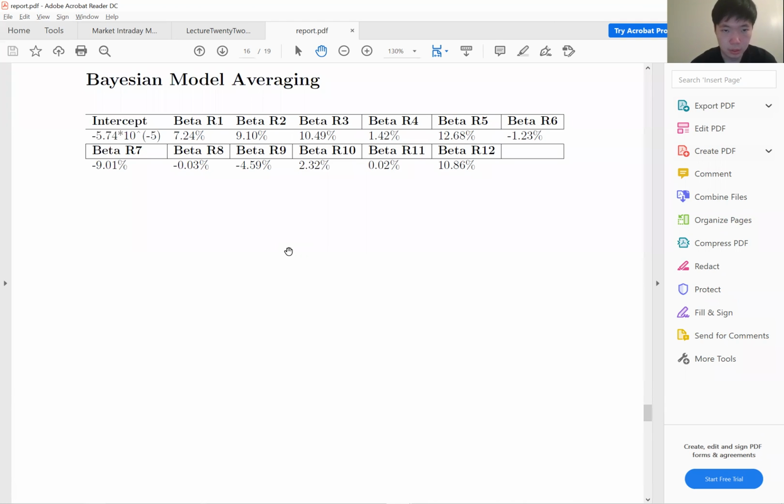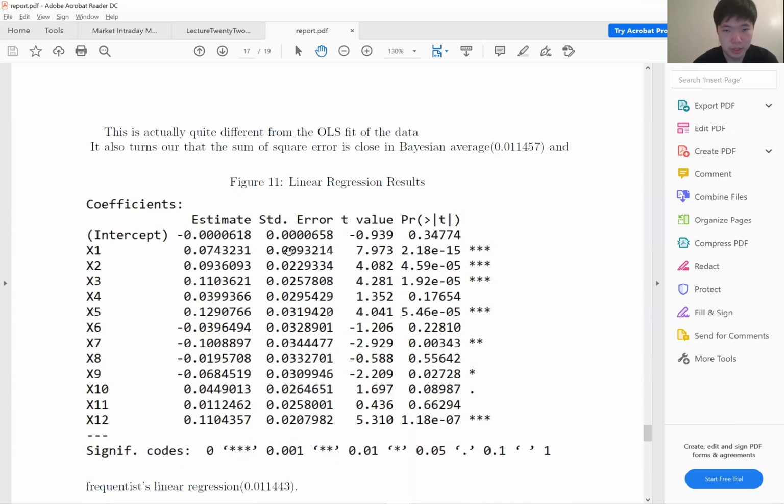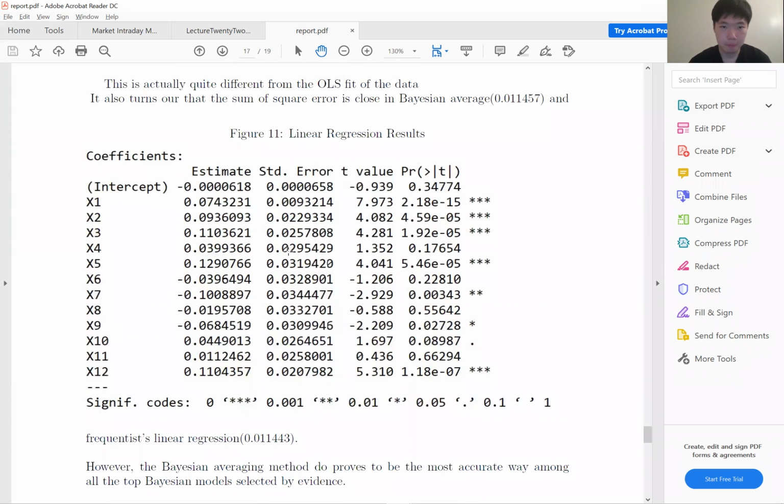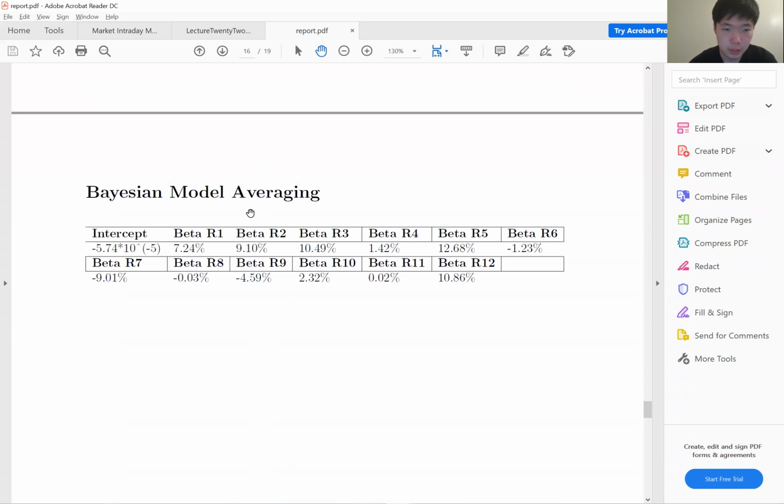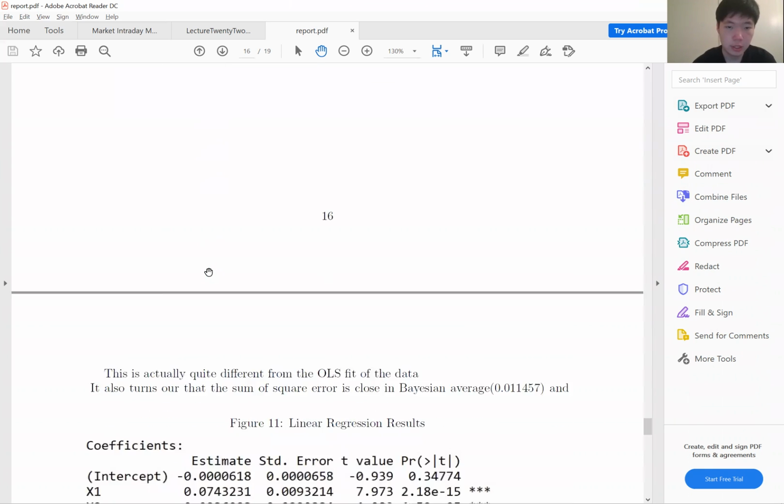And these are actually quite similar to fitting a linear regression on the previous 12 columns. Say for x1, it gives 0.074, but here it gives 0.072. So it's quite similar, but there are some differences.